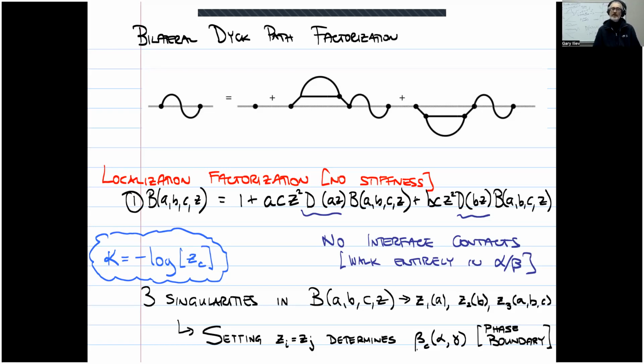And so when we want to study when things change, we want to look at when z1 equals z2, or z2 equals z3, or z1 equals z3. Setting these singularities pairwise equal to each other basically allows me to solve for a critical curve, beta critical, which will be a function of alpha and gamma, the other 2 parameters. And these are going to be the phase boundaries that I want to look at in this problem.